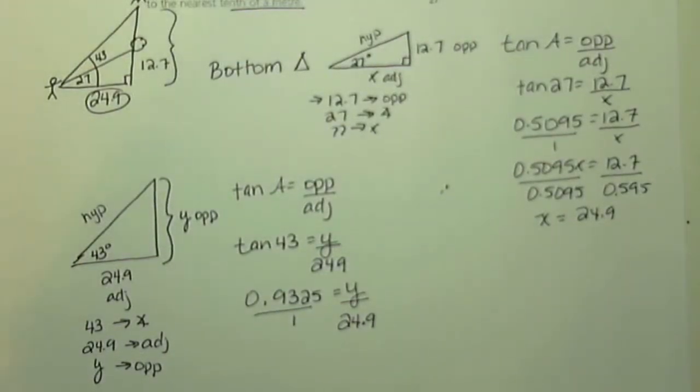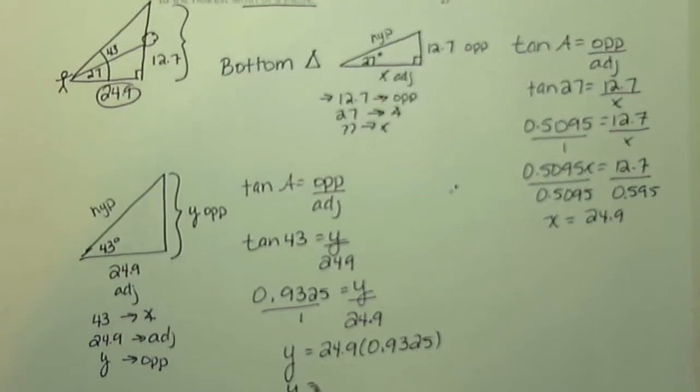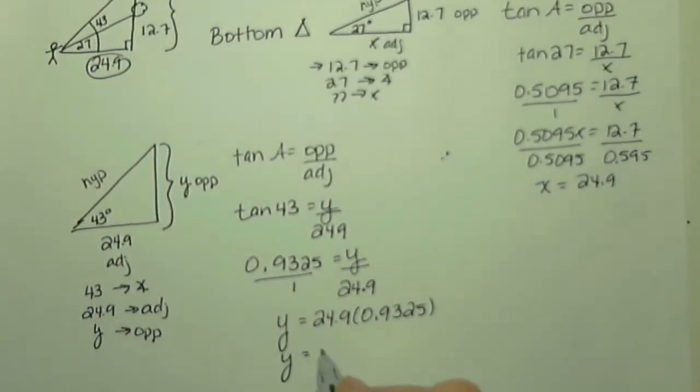Putting this over 1, we're going to cross multiply, and we're going to get y is equal to 24.9 times 0.9325, and y is going to be equal to 23.2.